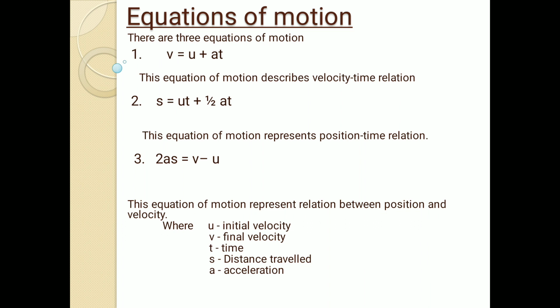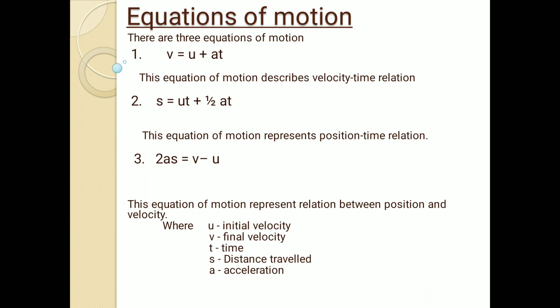Here there is no time. This equation gives the relation between distance traveled by the object and the initial and final velocities. Is it clear? The descriptions of the symbols I have given here: u means initial velocity, v means final velocity, t means time taken, s means distance traveled, and a is acceleration.